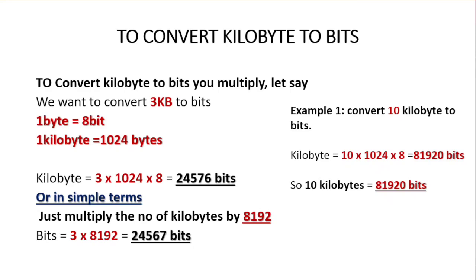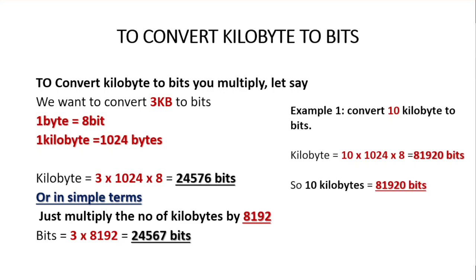Or like I said, my layman or lazy man shortcut, what you just need to do is just multiply. If you multiply 8 bits times 1024 bytes, it will give you 8,192. So what you just need to do is multiply 3 times 8,192.